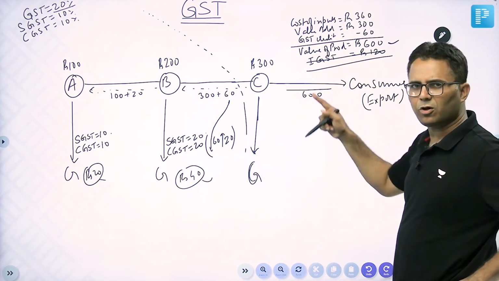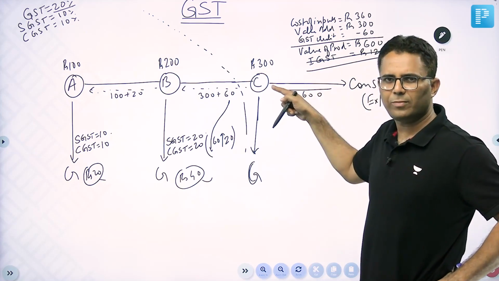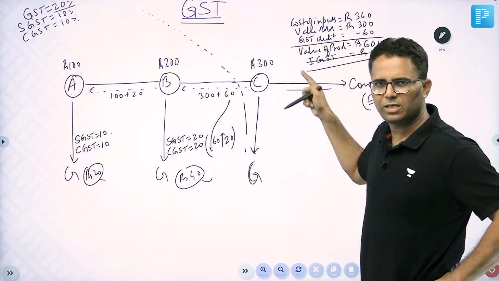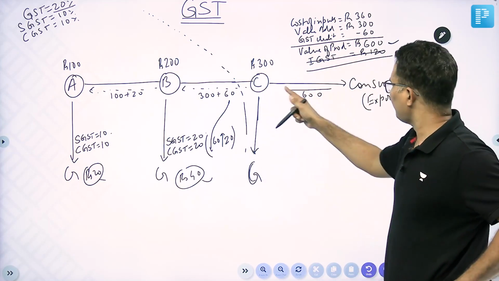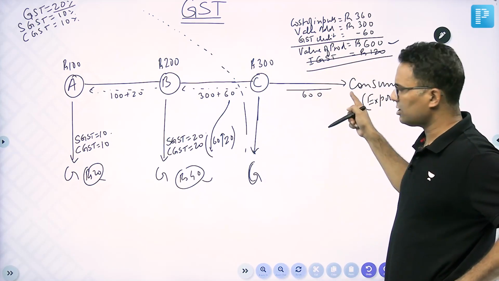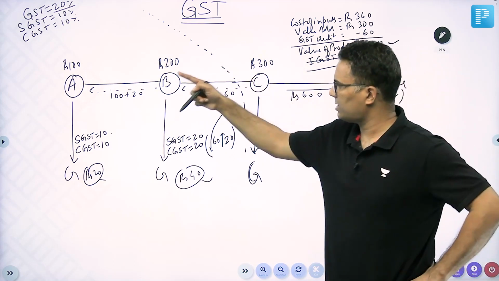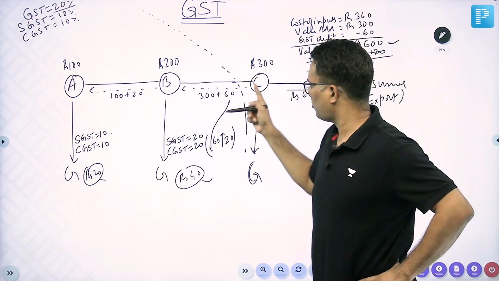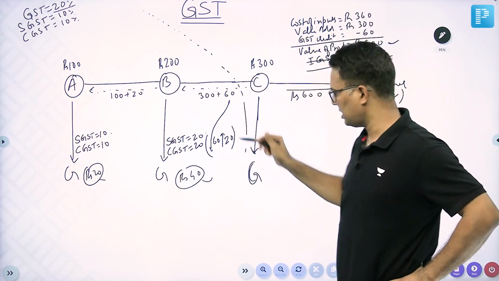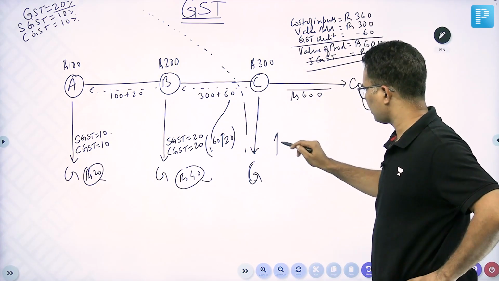But C will not charge it, because C has been told by the government that if you are exporting, all the taxes will be given back. So C will sell to the foreigner at 600 rupees, and whatever taxes have already been paid by C, 60, will be given back to C.